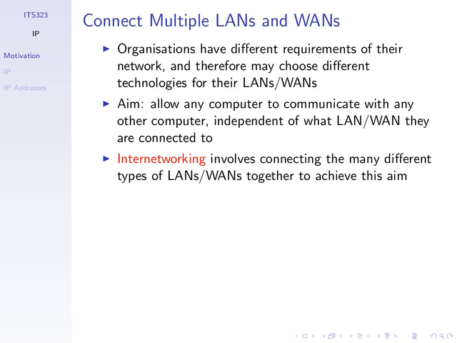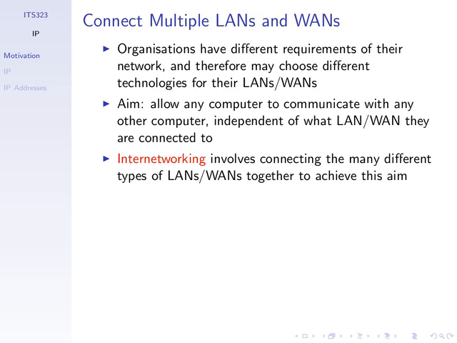So if we have a computer here which is connected via Ethernet, and we had another LAN here, some other organisation, or it may be on the other side of the world, and another computer connected via even a Bluetooth link to some other device, a Bluetooth wireless link, then ideally we should allow this computer to communicate with this computer, irrespective of what technologies they use to connect to their local area network, irrespective of what technology is used in here.